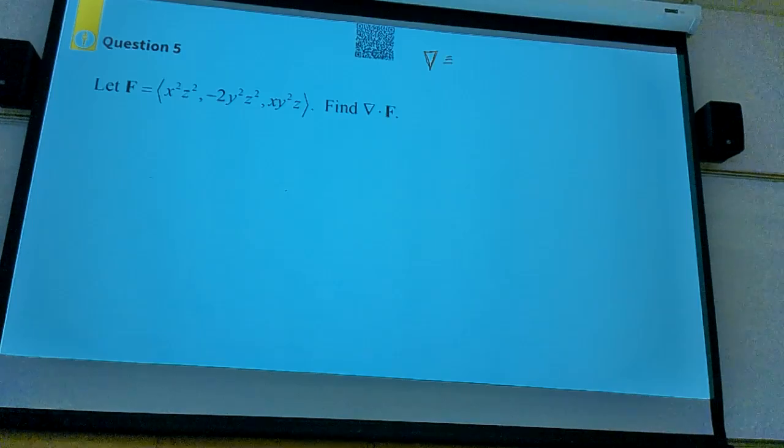Remember that? And so you often will just hear it as del instead of Nabla. How is the del operator defined? Stick with 3 dimensions. How it's defined depends on how many dimensions you're in. So we'll just stick to 3 dimensions. See, this makes me sad because I said this was my favorite operator, and no one remembers it.